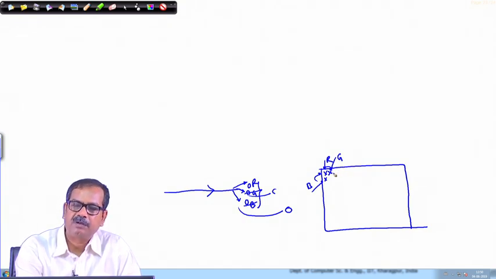Now, for this problem I have just given you one particular solution, but there could be many solutions. It is an interpolation problem, which means I have missing components at this point.